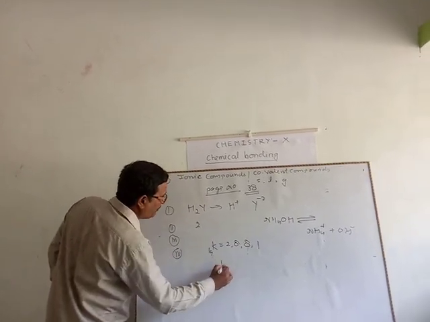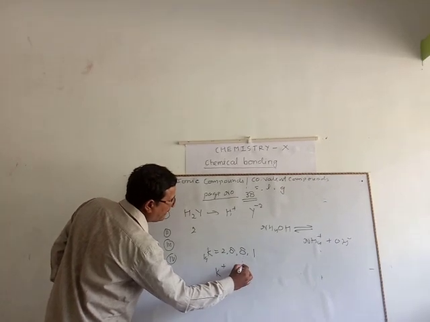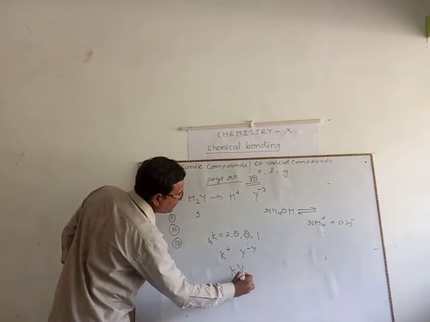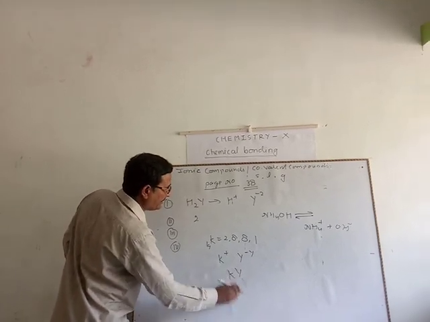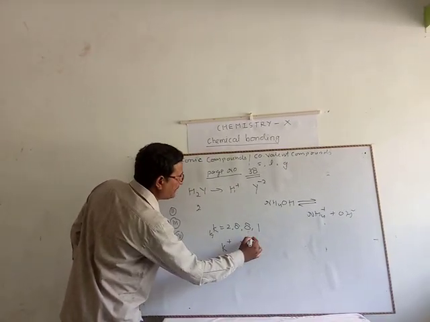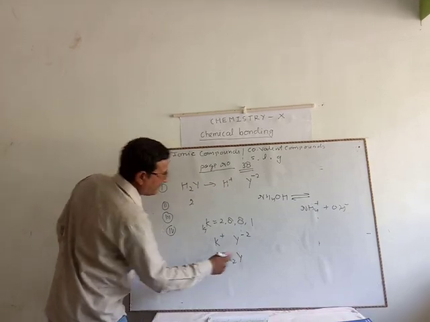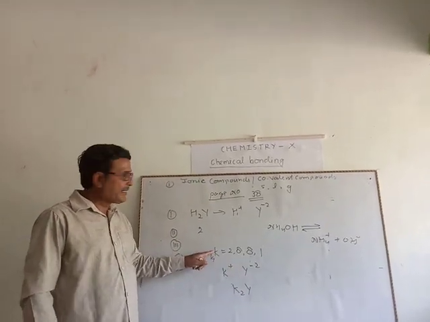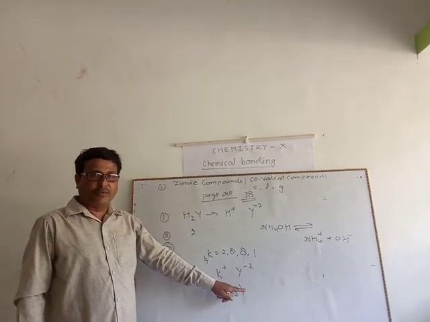It has only one electron in its valence shell. So the formula of the compound will be K2Y. Potassium is a metal, so this is an ionic compound.